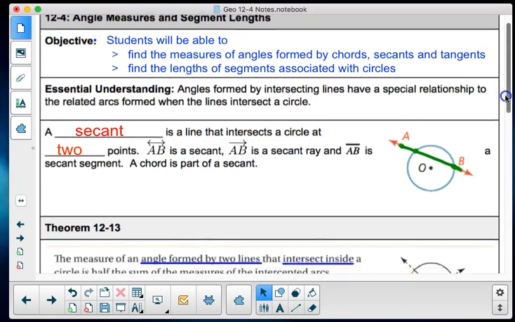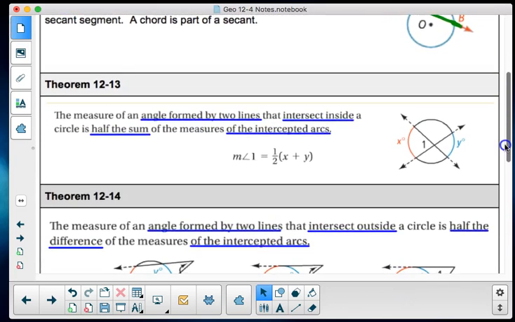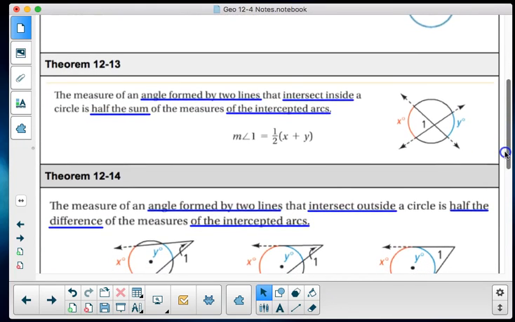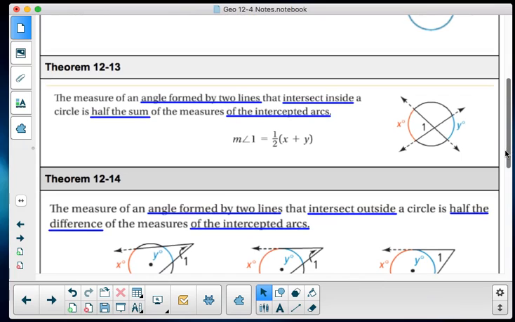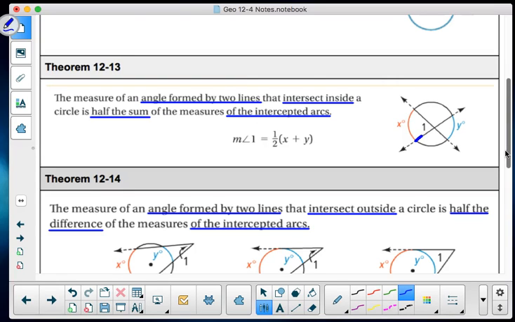So that's a secant. Now, the measure of an angle formed by 2 lines that intersect inside the circle, or it could be 2 chords that intersect inside the circle. We can talk about lines or chords that intersect inside the circle: the angle is half the sum of the arcs that are intercepted.